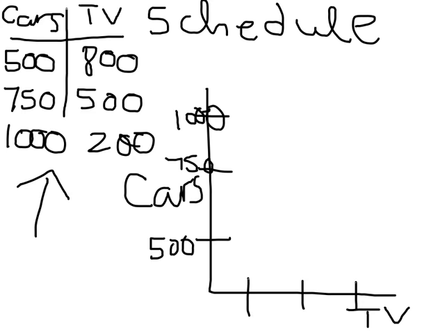Now the one thing I do want you to notice is that as the number of cars increases, as production increases on cars, the number of TVs produced decreases. Why is that? The reason why is because of opportunity cost.